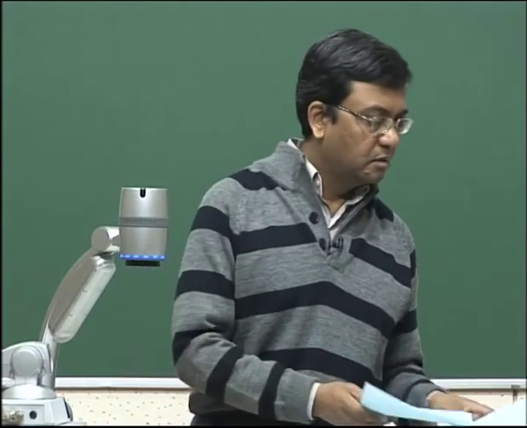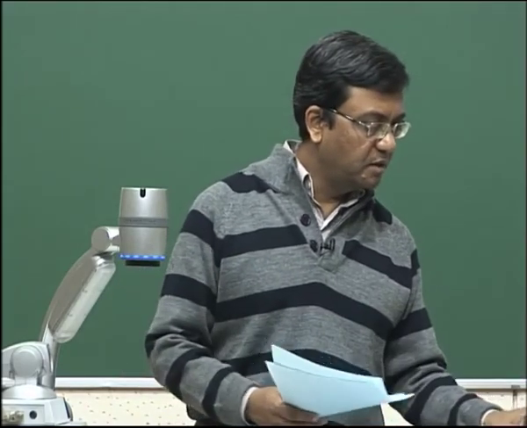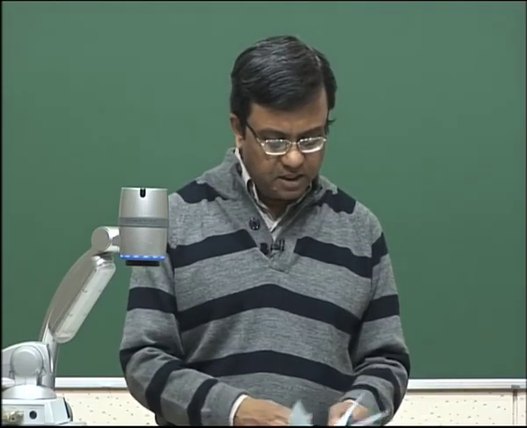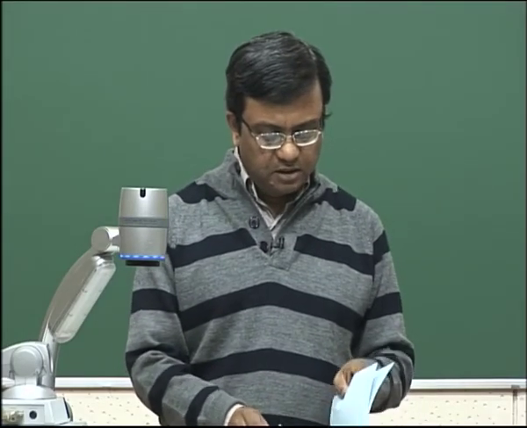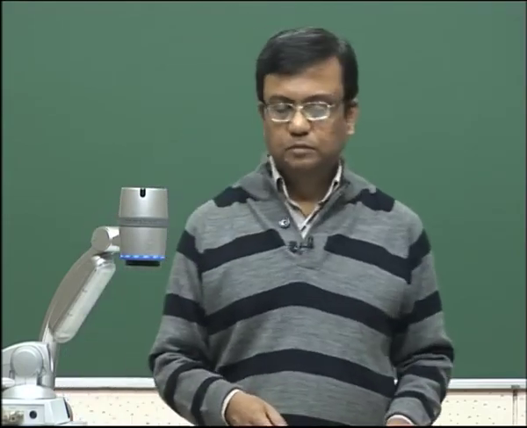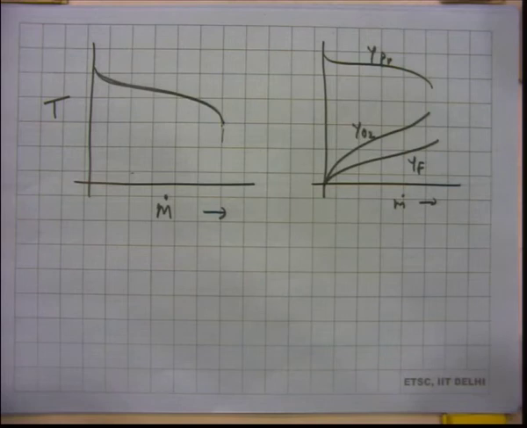Okay. So, with that background, I think we can look at those curves which I started drawing yesterday. So, this is a set of curves. Now, can you take a look at this and try to interpret this?